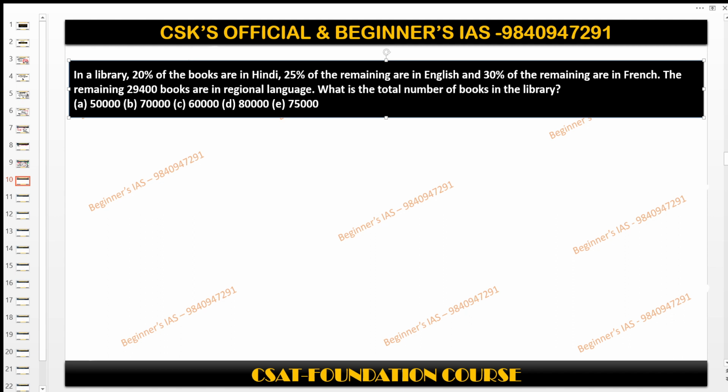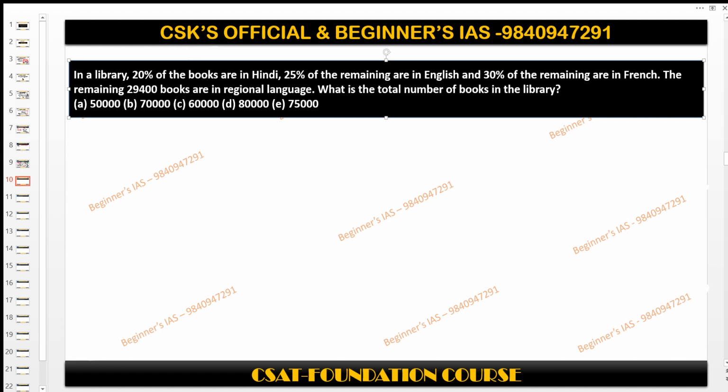Listen very carefully. This question can be converted into a different way. Out of your total salary, you are spending 20% for paying school fees for your children.